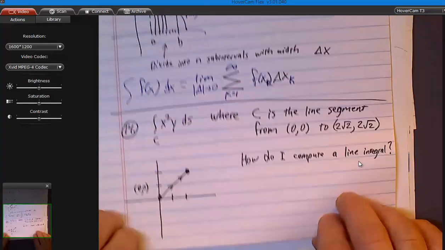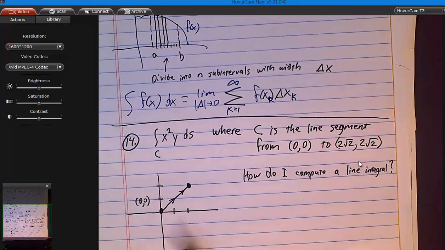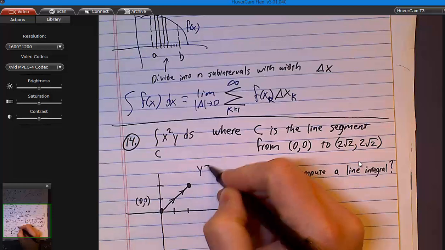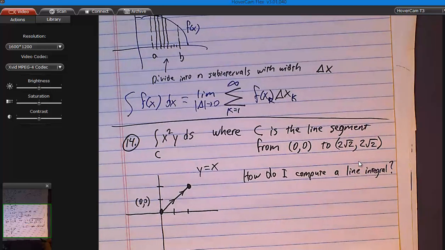And so I guess my first question is, can I describe this line? Well, I know it's y equals x. How do you describe a line parametrically? t always ranges from 0 to 1.